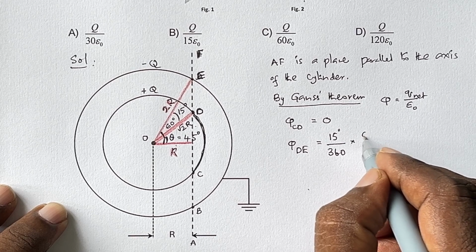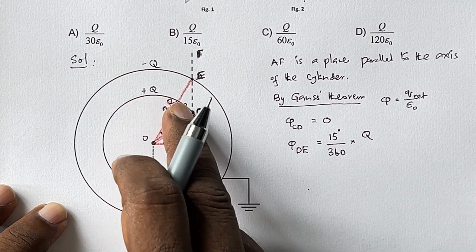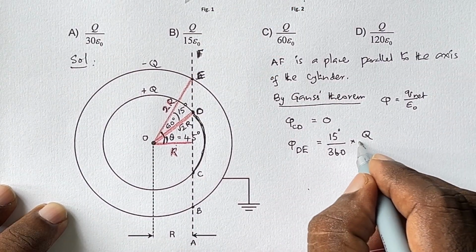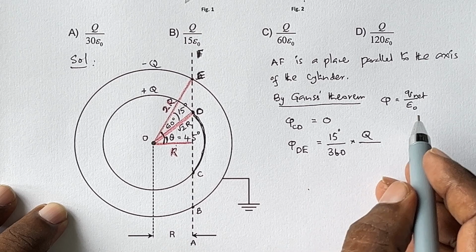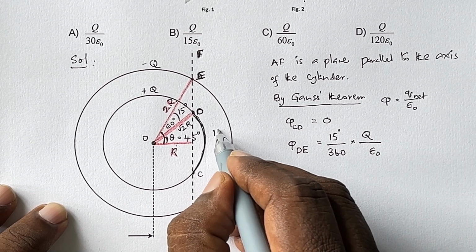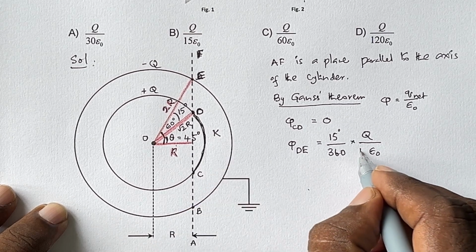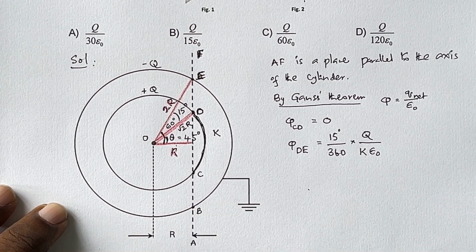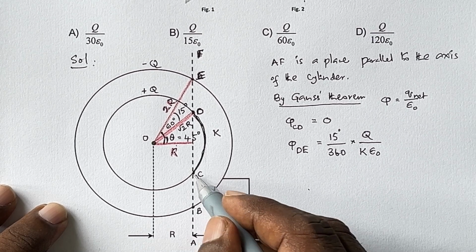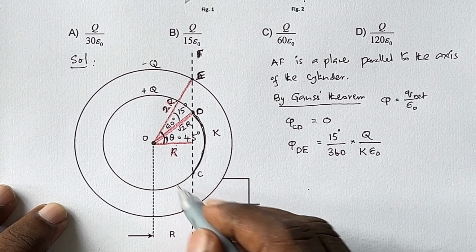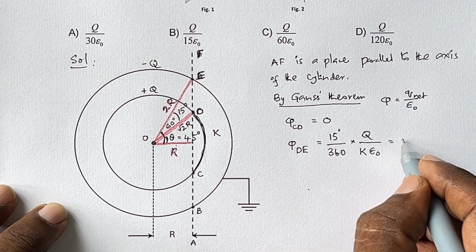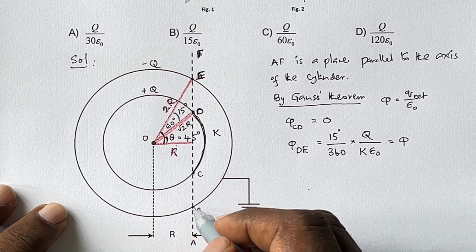The net charge is Q here, divided by epsilon naught, but in between it is filled with a dielectric of constant K, so K epsilon naught. The segment BC also makes the same angle at the center, so phi DE is equal to phi BC.